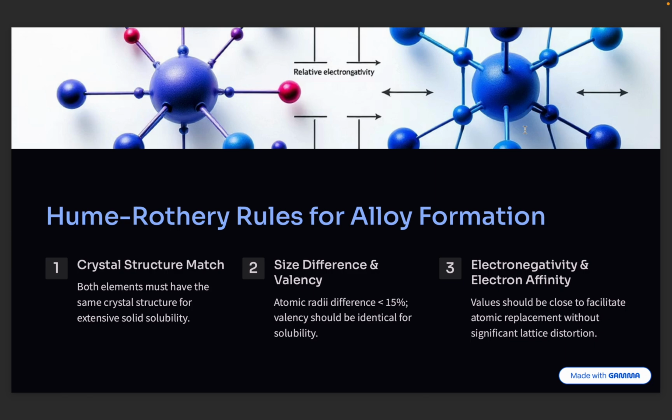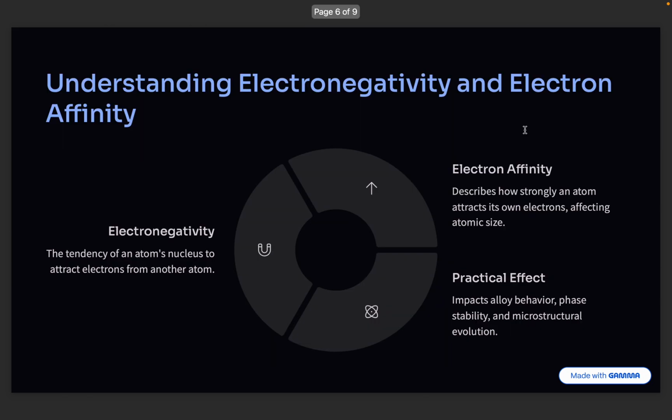Both values should be comparable, close enough to facilitate atomic replacement without significant lattice distortion. So let's understand what electron affinity and electronegativity are.